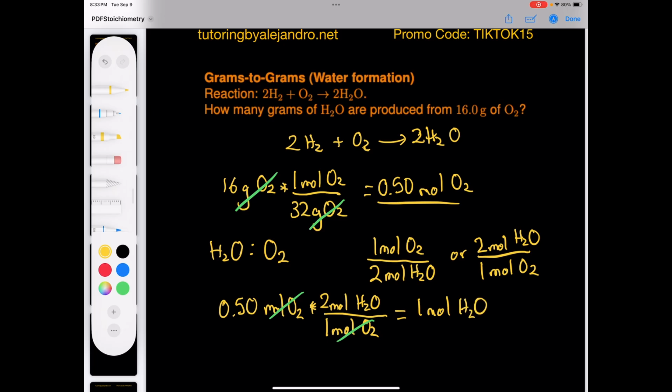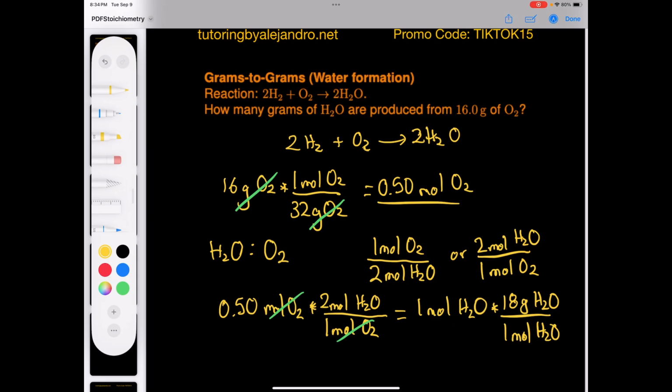But I'm not done yet. They're asking for grams, so I need to create another unit factor, right? In order to convert that into grams. So we know that 1 mole of H2O has 18 grams of H2O, right? Why? Because the oxygen is 16, right? And each hydrogen, each H, is 1.